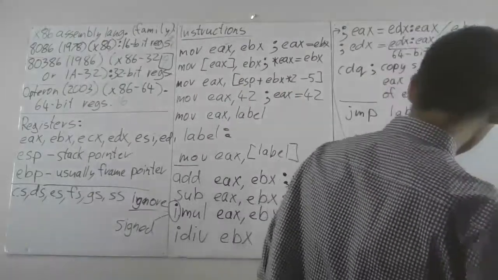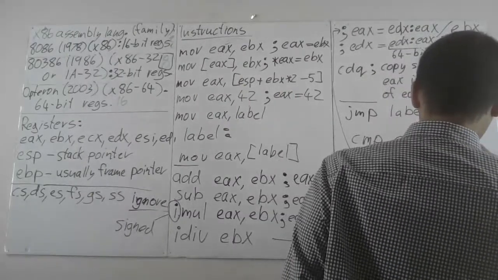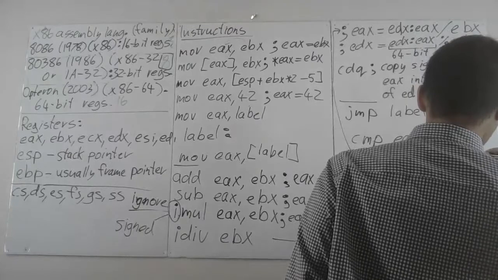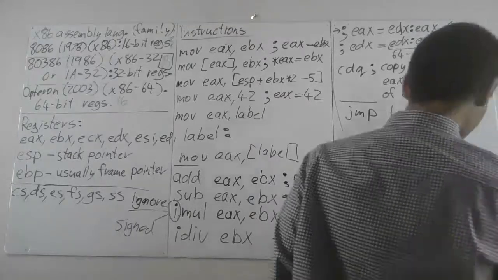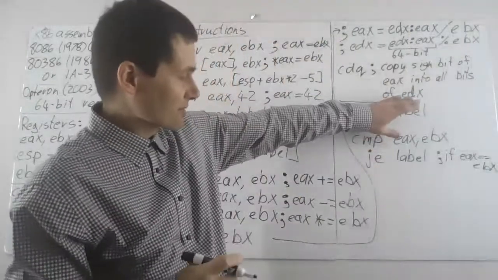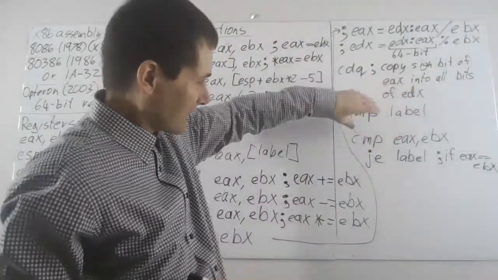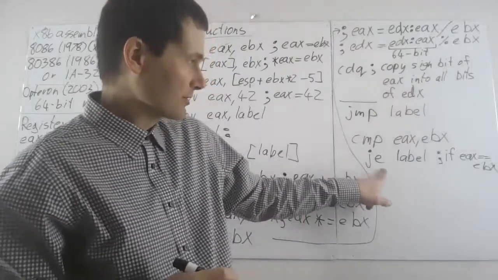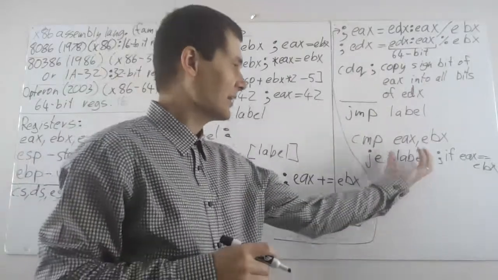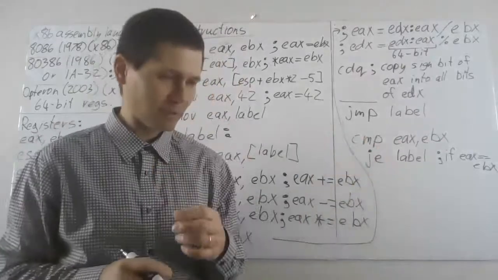If EAX equals EBX, right? All right, so if the two registers were equal, the comparison instruction would set a flag, and then the jump equal instruction checks that flag and will jump if the two were equal.